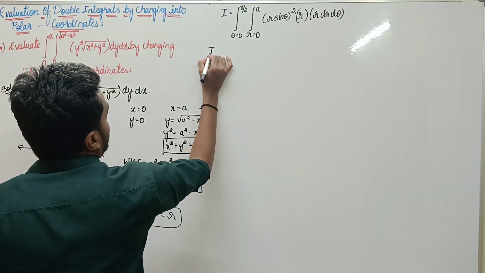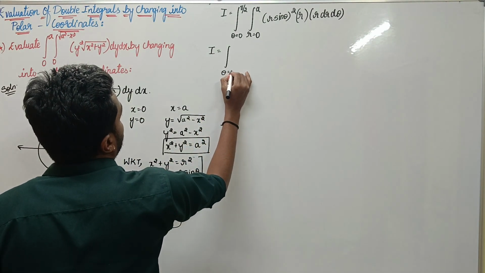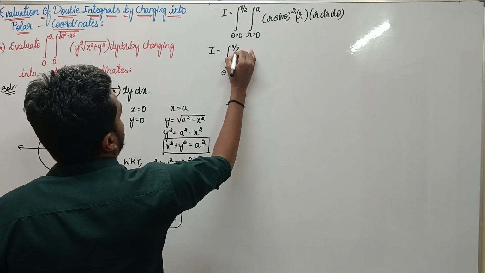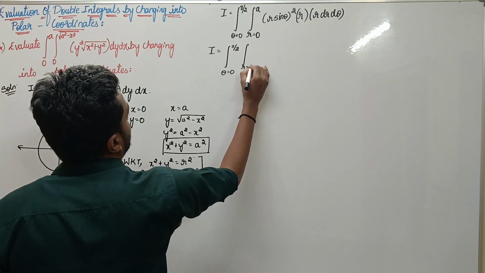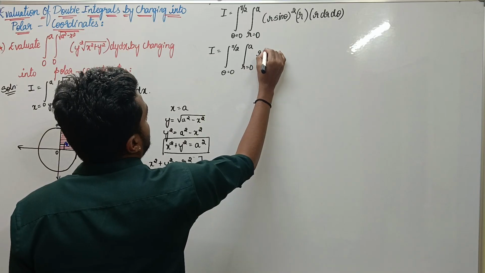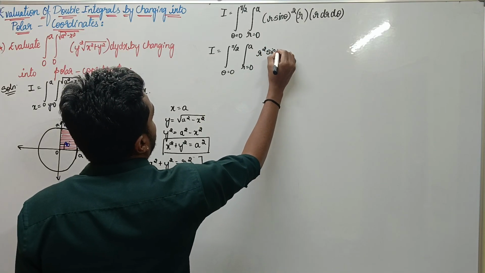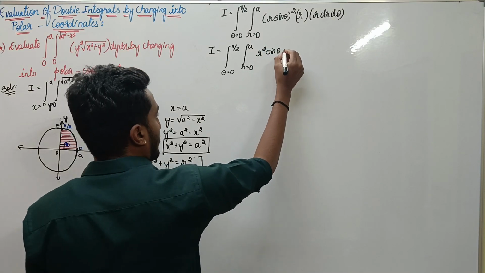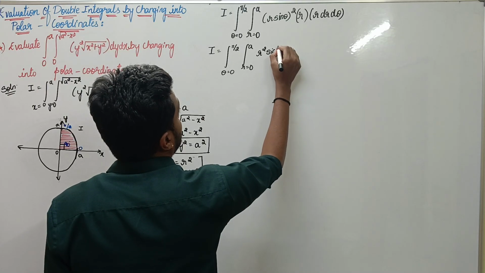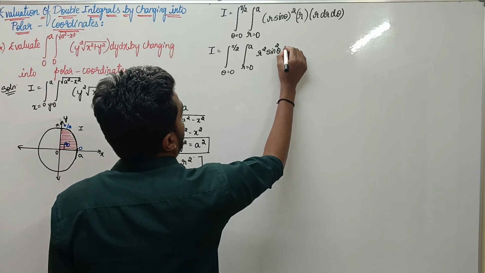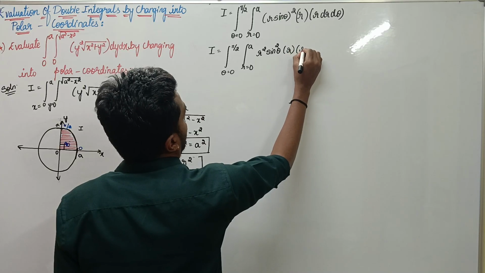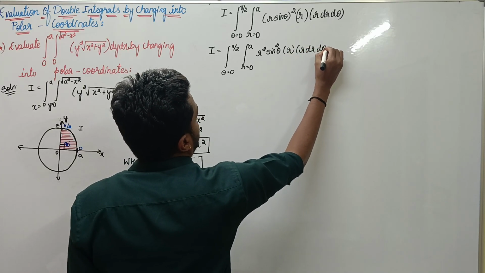Now I, which is equal to the integral, theta varies from 0 to pi by 2, radius varies from 0 to a, r square sin square theta, r into r dr d theta.